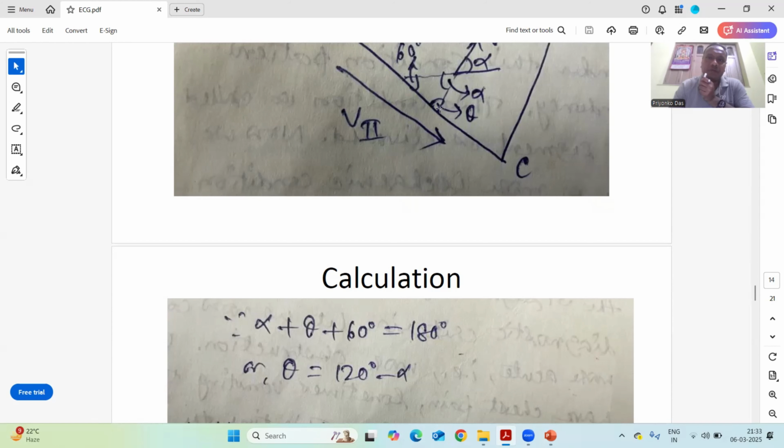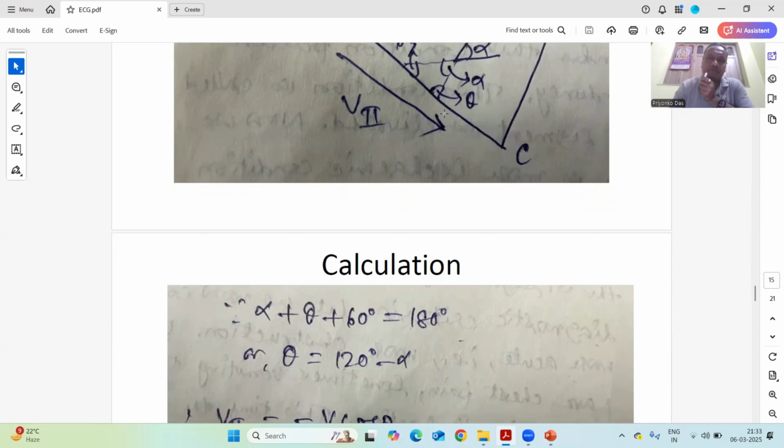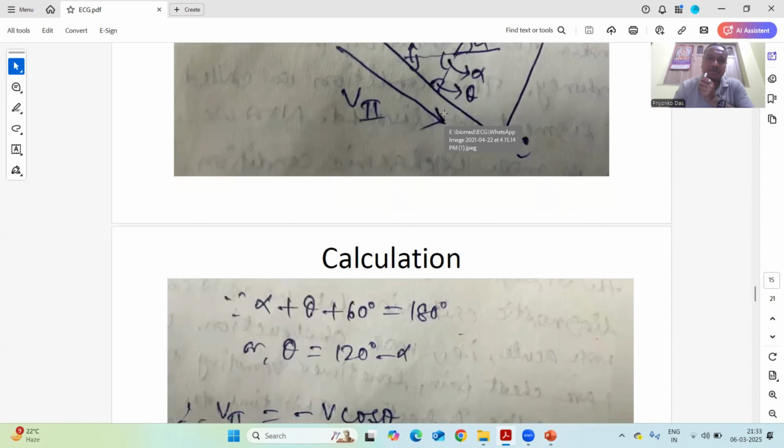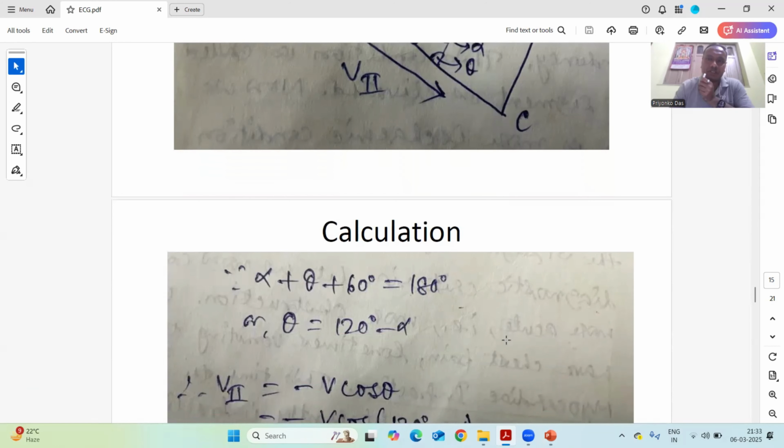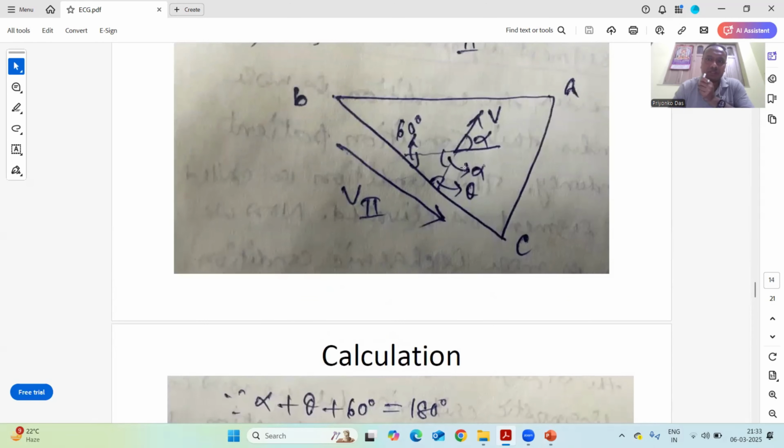Okay, so now I have found the value of theta. Why am I finding out this theta? Because V2 is equal to minus of V cos theta, right? V2 will be equal to minus of V cos theta. Why minus? As the main voltage source is acting at the upward side, but the V2 voltage component is going downward.